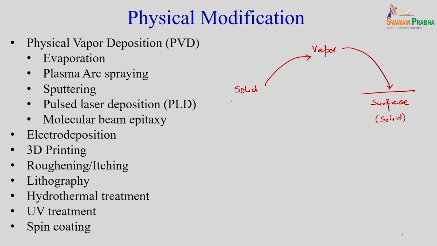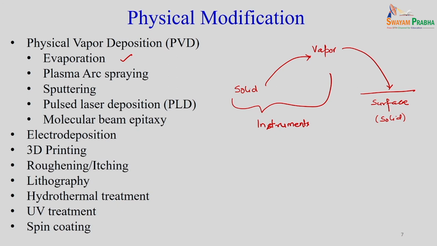To convert the solid to the vapor, we apply different instrumentation techniques. The solid can be converted to the vapor by evaporation or by plasma.